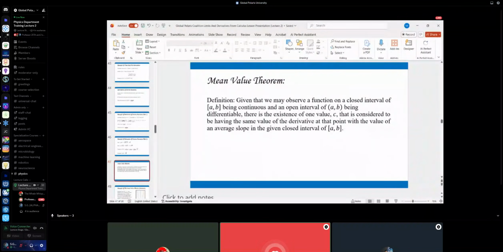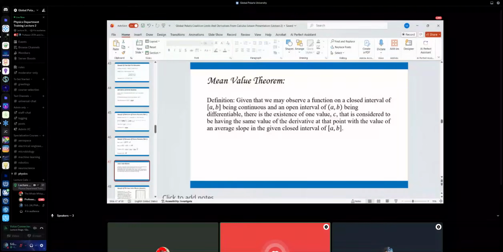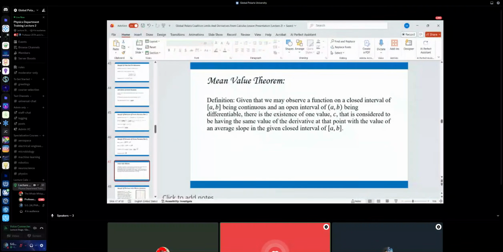So the MVT is basically saying that if we were to compare an average rate of change versus the instantaneous rate of change, which is aka the derivative, there should be at least one c value indicating that the instantaneous rate of change over there is equivalent to the value of the average rate of change over the interval a, comma b.